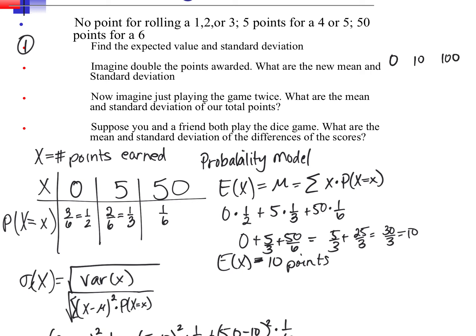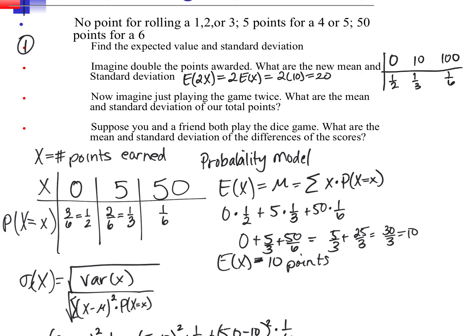So I've just doubled all of the numbers, which is just going to double my mean. So the mean of 2 times the points is 2 times the expected value, so 2 times 10 is 20. Now if you made the probability model with this new one, the probabilities would be the same, and you would end up with 20 if you recalculated, because you're just multiplying the 5 and the 50 times 2, so that's going to end up just multiplying my final answer by 2.